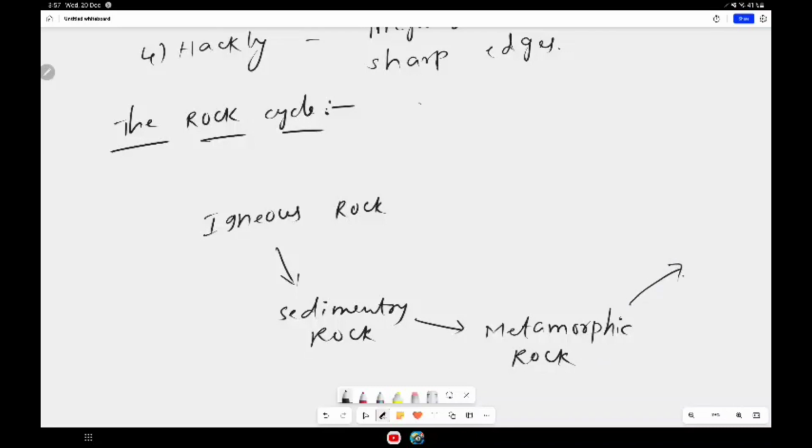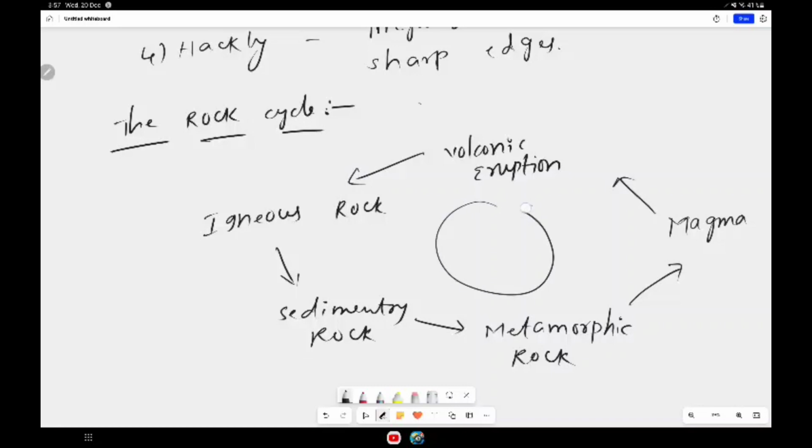These are converted into magma, and these into volcanic eruption, and again igneous rock, then sedimentary, metamorphic, magma, volcanic eruption. This is the cycle of rock.